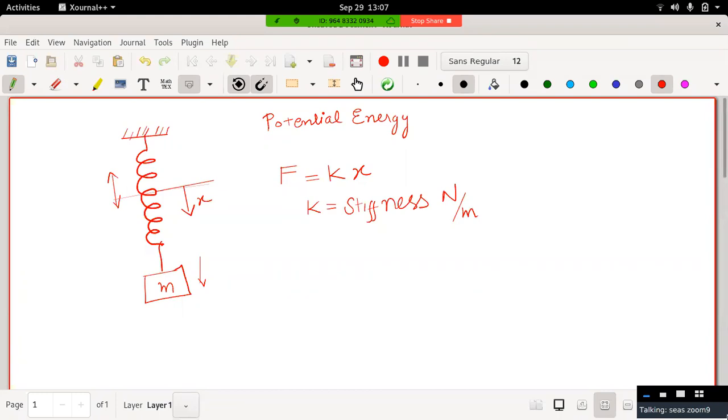And when such a vibration happens, theoretically the frequency of such vibration is given as 1 by 2 pi under root k by m, where k is the stiffness, which is F by x.